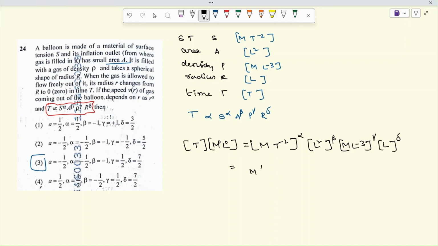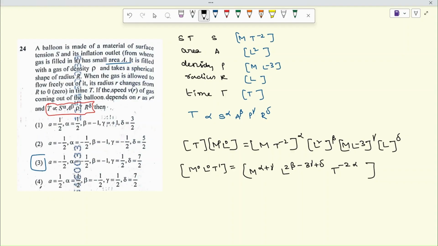M power alpha plus gamma, into L power 2 beta minus 3 gamma plus delta, into time power minus 2 alpha. That's all, right? This is all equal to the left hand side T, just M0 L0 T1.